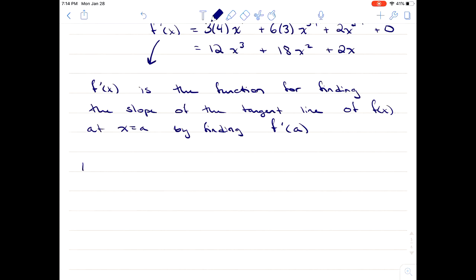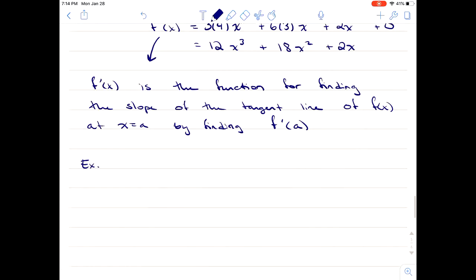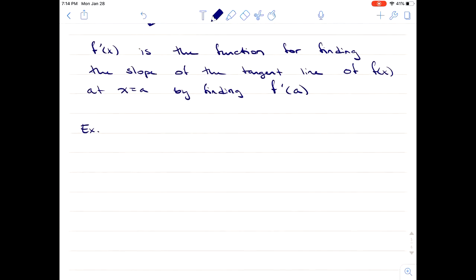So as another example, or actually it's just a continuation of that example. Sorry, looks different, but it's the same. What is the slope of the tangent line at x equal to 2, for example?